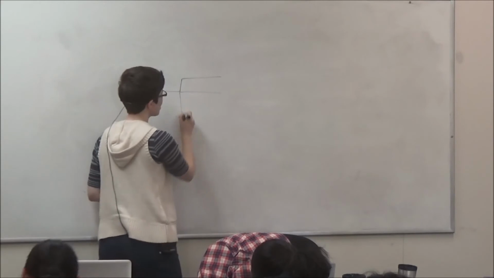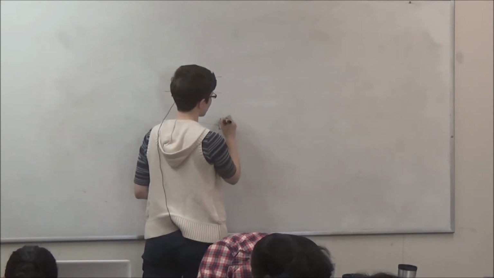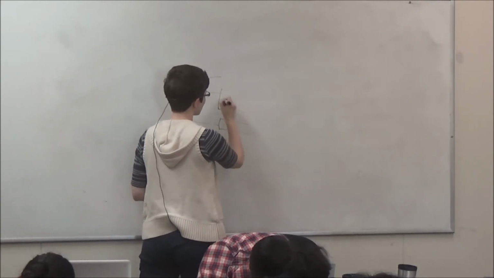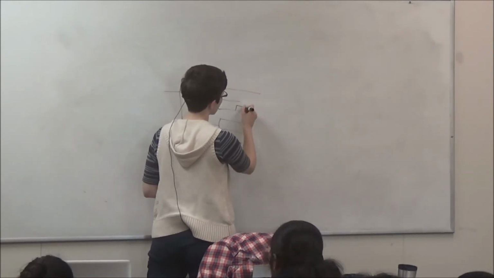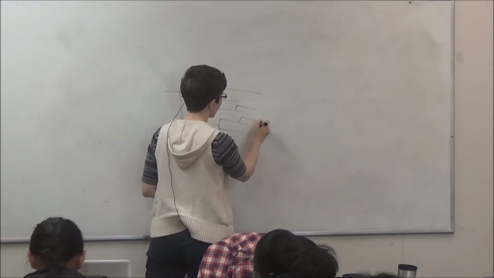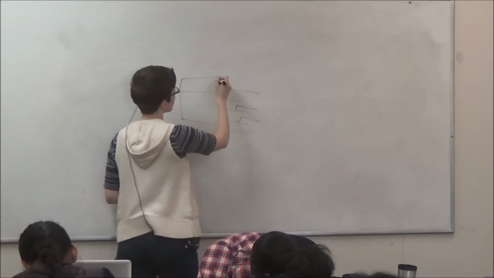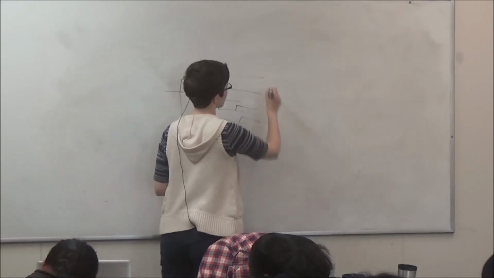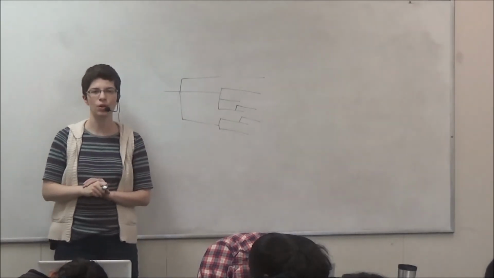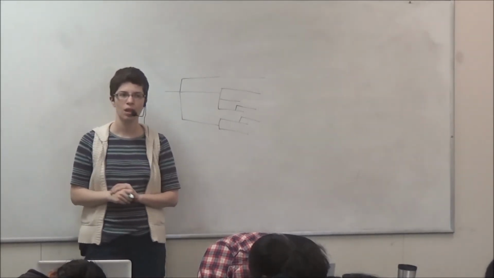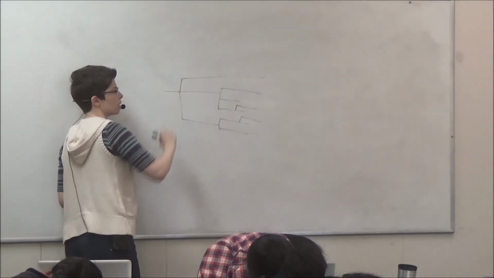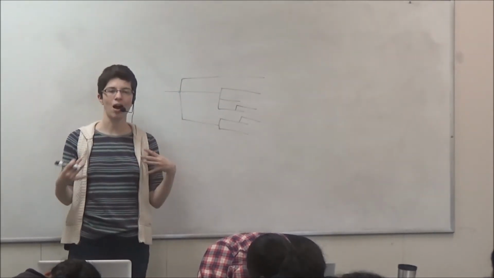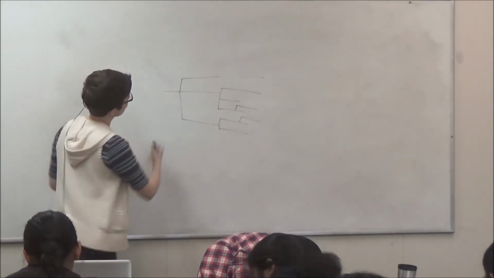So, the idea with the phylogenetic tree is that a phylogenetic tree can act as a hypothesis about the phylogenetic relationships between organisms, meaning which species evolved from what species. Where you have a node, we think of that node as a common ancestor.